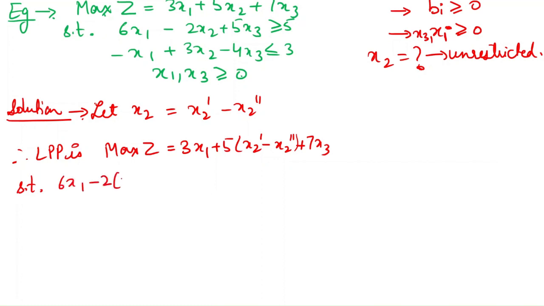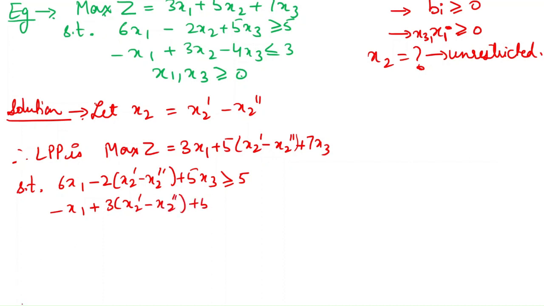Wherever we have x2, I'll just replace it by x2 dash minus x2 double dash. Rest, nothing will be changed because the bi's are greater than or equal to 0. So x1, x3, x2 dash, x2 double dash, all are greater than or equal to 0.